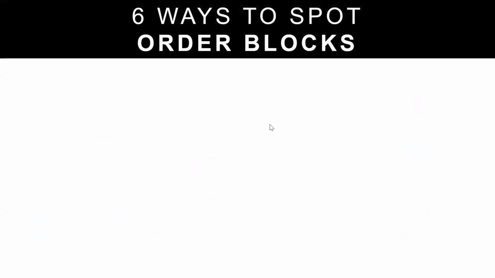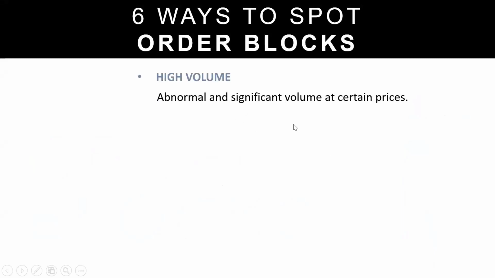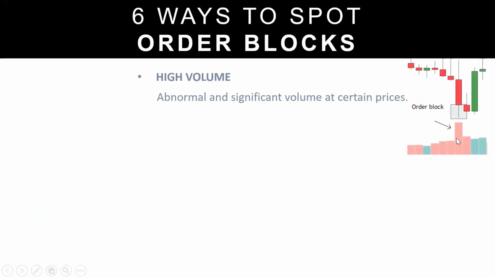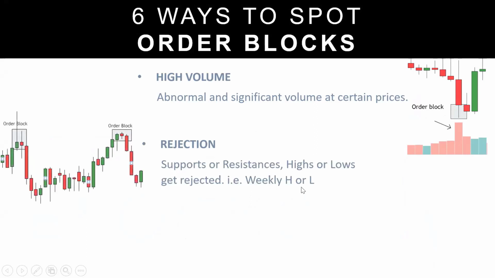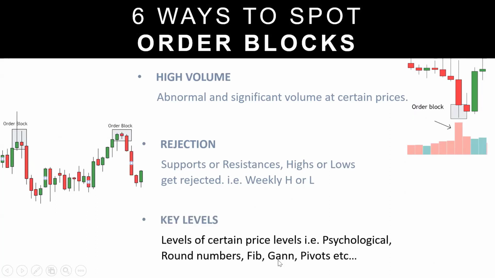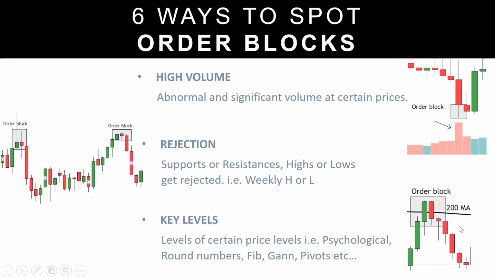So there are 6 ways to spot order blocks. High volume, abnormal and significant volume at certain prices, which we've spoken about. Rejection, so supports or resistances, highs or lows get rejected on weekly highs or lows. They get rejected. That's an order block. Key levels, which are levels of certain prices, psychological, round numbers, Fibonacci, Gann, pivots.